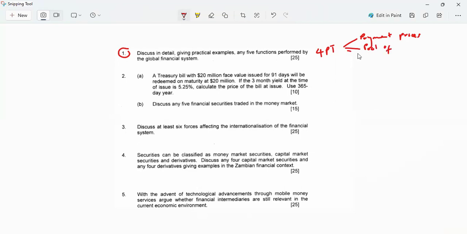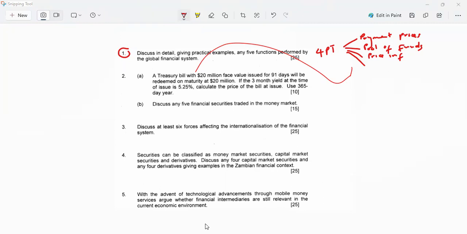P3 was what? Price information. Okay. It is through providing price information that markets are able to process and make decision making.